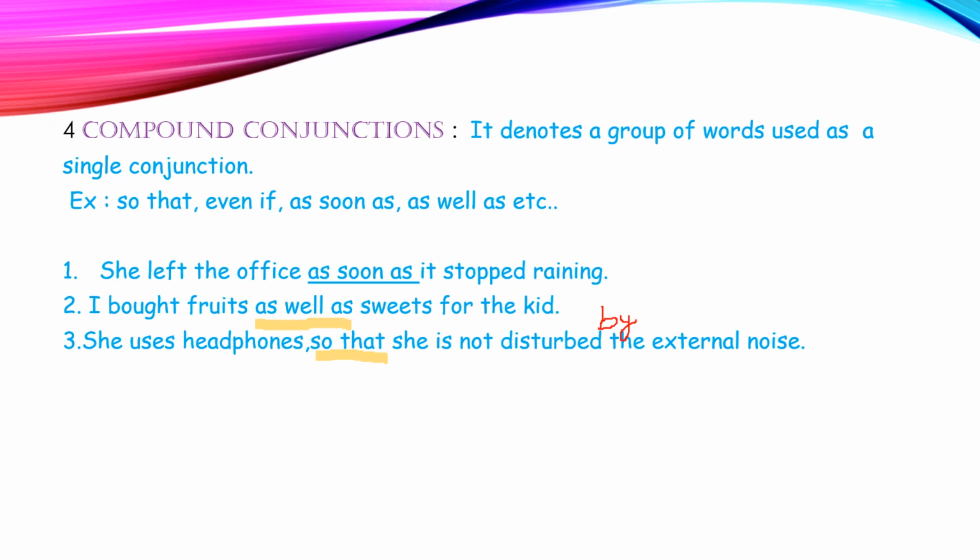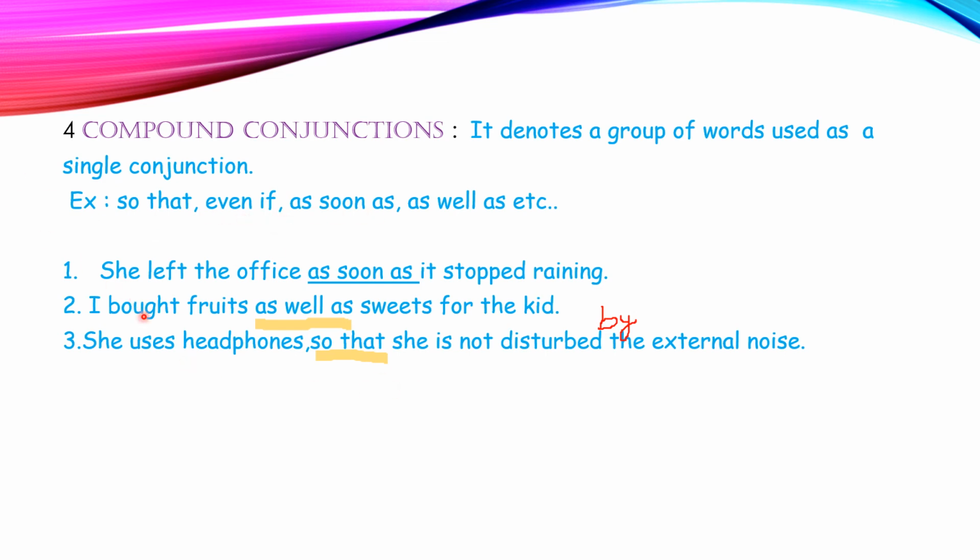Next we have compound conjunctions, the words which denote a group of words used as a single conjunction. In the previous type we saw either or, neither nor. They were placed in separate positions in the sentence. But compound conjunctions are words which are used together as a single conjunction, so we don't split them in the sentence.